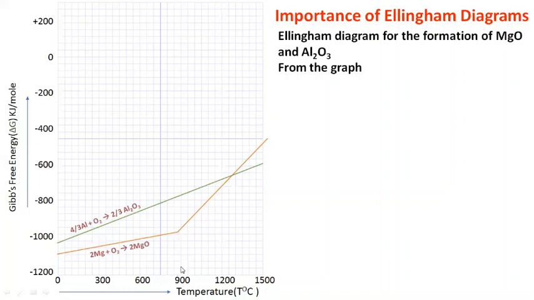There is a change in phase, from solid to liquid, due to which you can see a sharp curve or a sudden change in this graph.